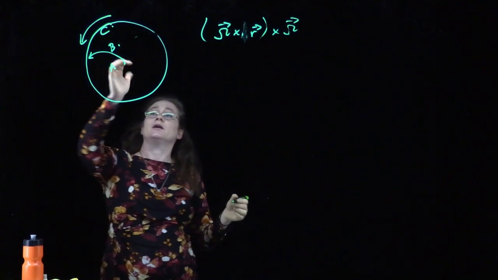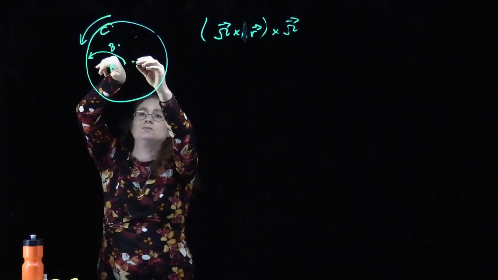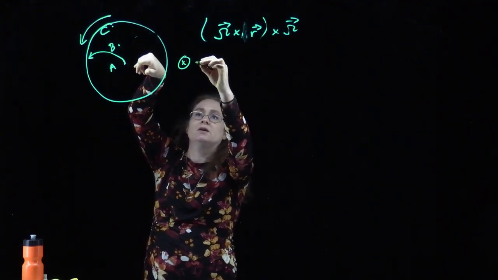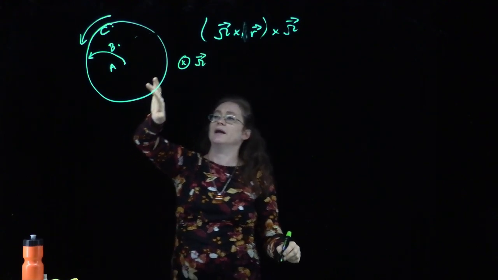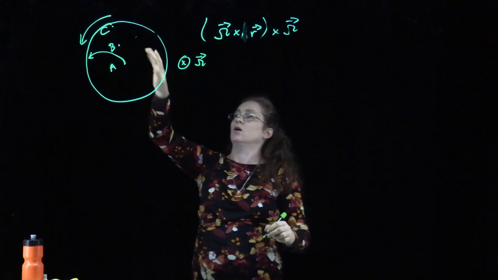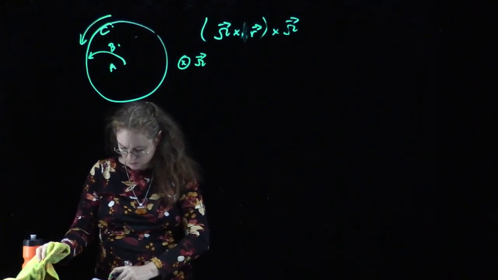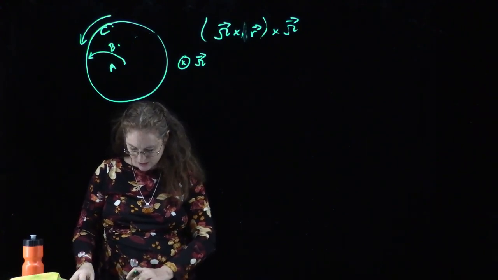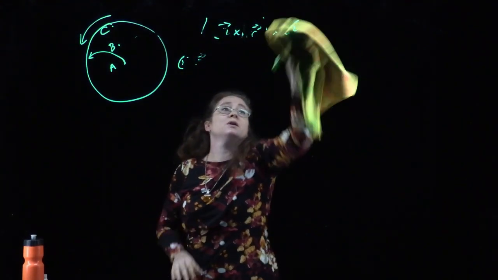So here our omega is towards you. I'm looking at the back of the arrow. So we have omega, and then R, that is the centrifugal force. I have written up the wrong force. Bear with me.